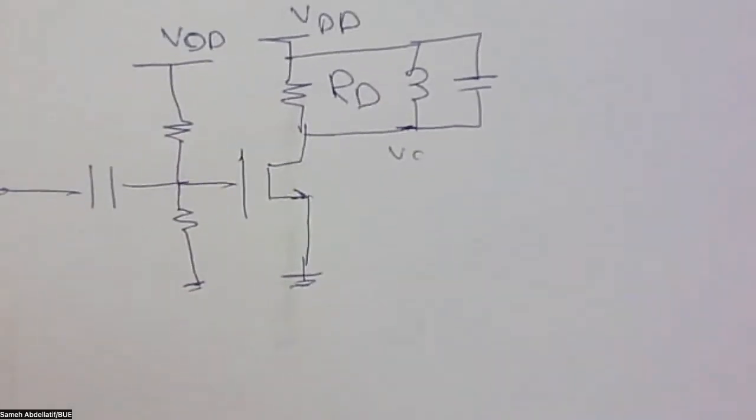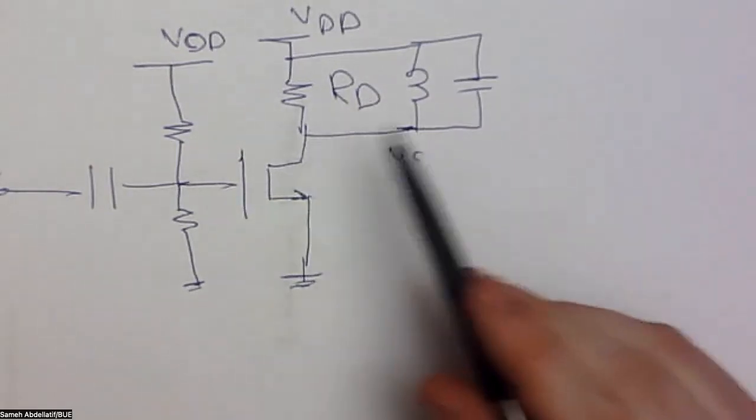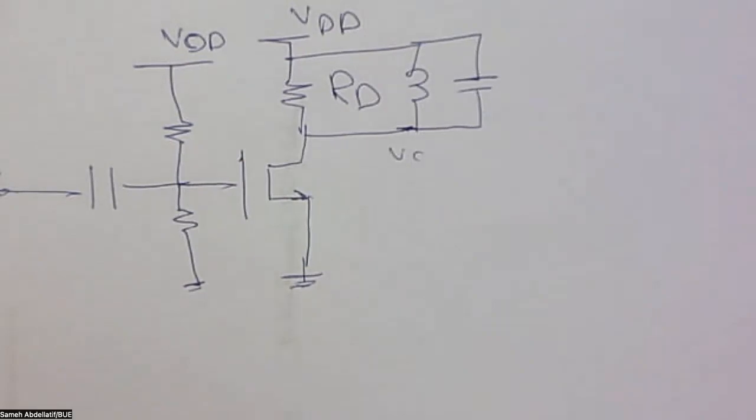So your output now is not only a resistive load, it becomes what we can call a complex impedance format, where we have R, L, and C. In this case, if you go deeply into this circuit, you will find that you have two main functions.